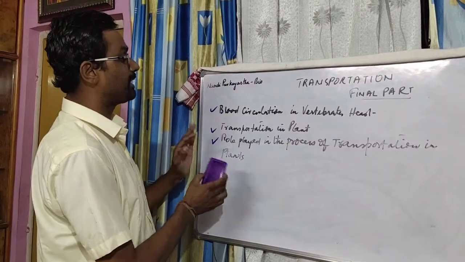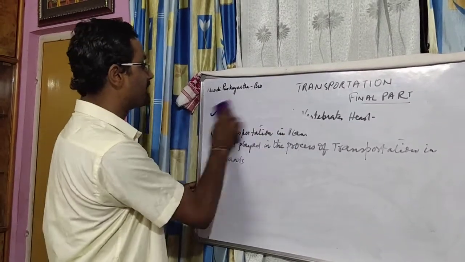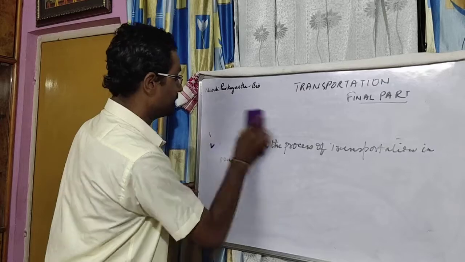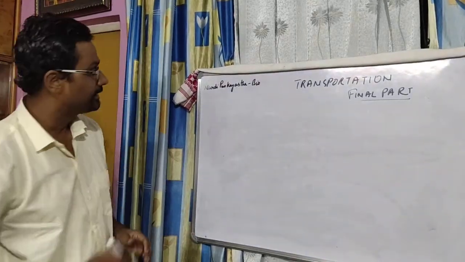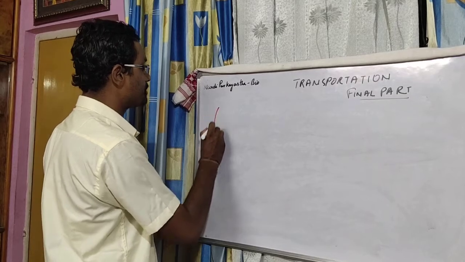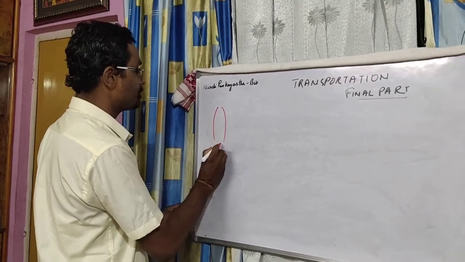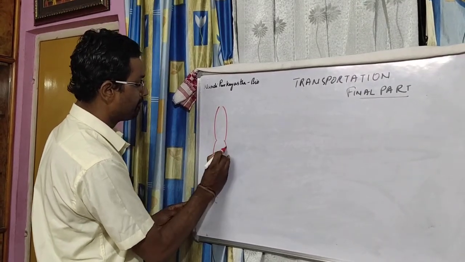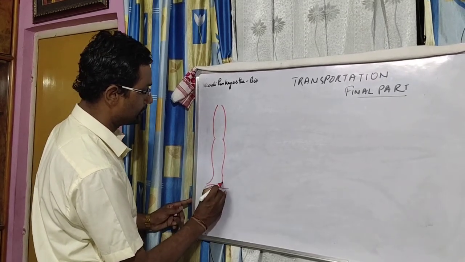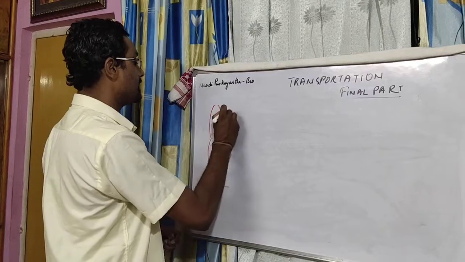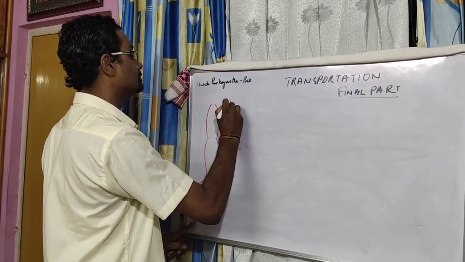First, let's go for the blood circulation in the hearts of vertebrates. Now see, students, I'm drawing the heart of a fish, which happens to be the very much lower among all the vertebrates. This is the heart of a fish. Upper one is ventricle.